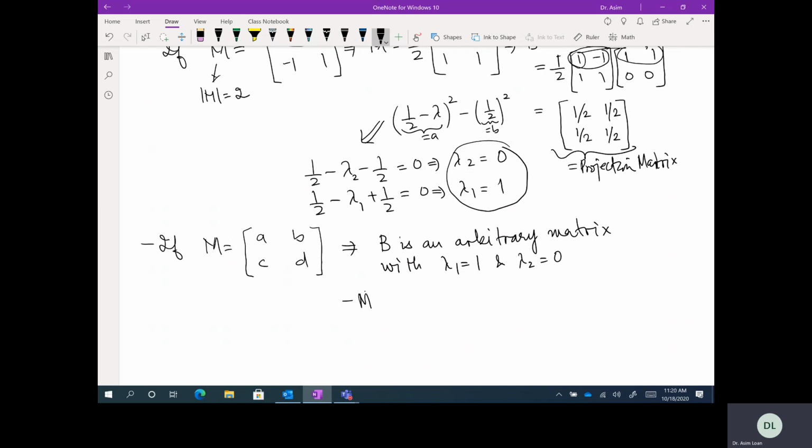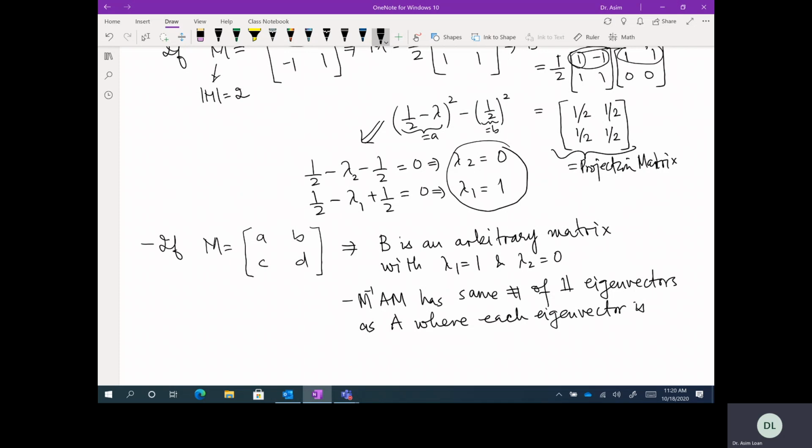M inverse AM has the same number of independent eigenvectors as A, where each eigenvector is a multiple of M inverse.